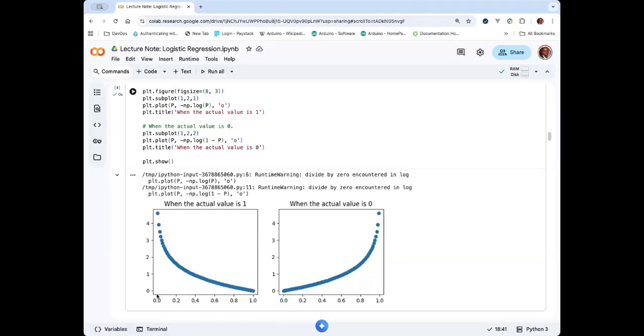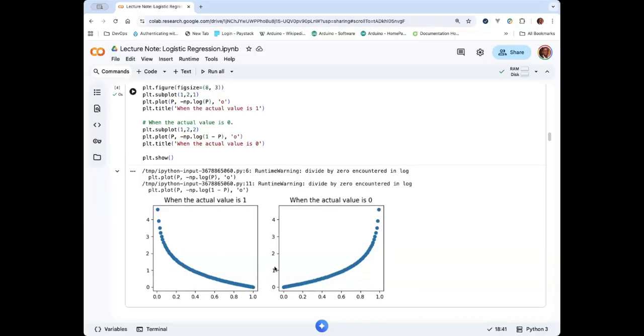What that means is that if the prediction is 1, the error is very low, but if the prediction is 0, the error is very high. So that's what you use in that situation. But this is the converse when you want to predict 0. If the value I'm predicting is 0, then the error is also 0, but if the value I'm predicting is 1, then the error is very high.